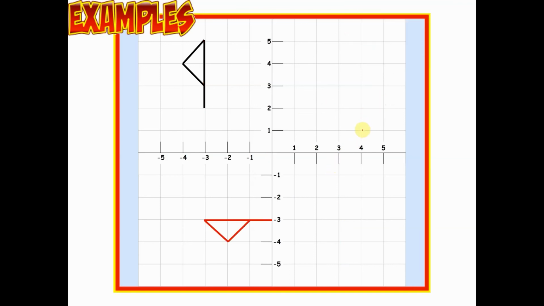This one, another tricky one. So we have this object over here, and this time we can identify that first of all it is not a translation and not a reflection, okay, the two transformations that we have done before, okay.